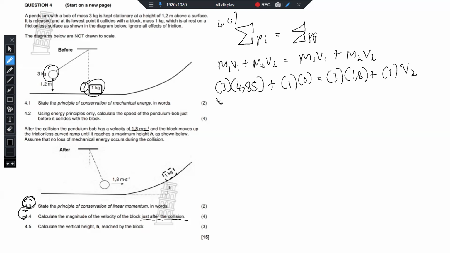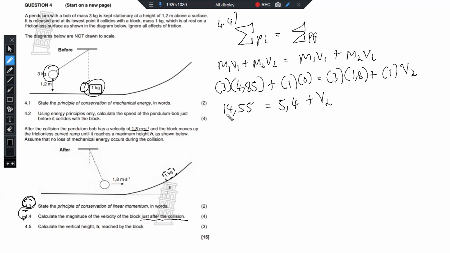So we are going to punch that into our calculator. That's 3 times 4.85, which will give us 14.55. And then this here is 0. Now, what is 3 times 1.8? So this is 5.4, and then plus V2.